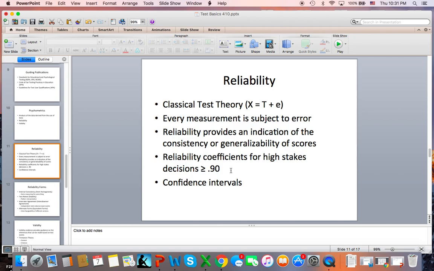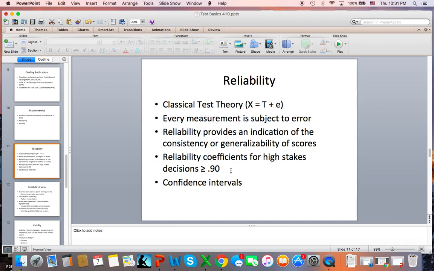School Psychology Review oftentimes talks about some of the psychometric properties of assessments. But when we make high-stakes decisions, so with something like eligibility, typically we want reliability coefficients to be 0.9 or greater. That means that the data derived from the test is highly reliable.